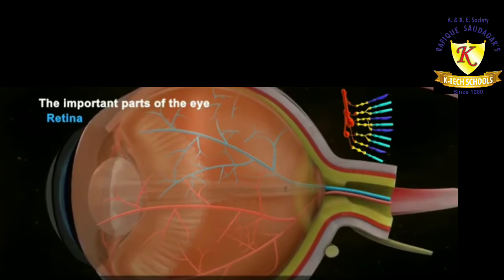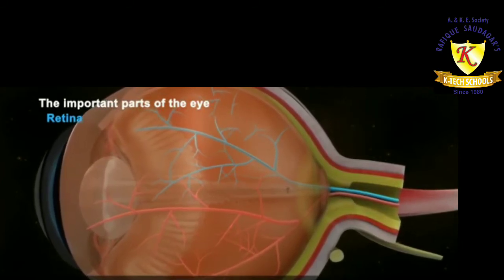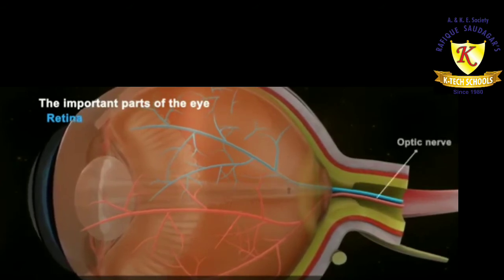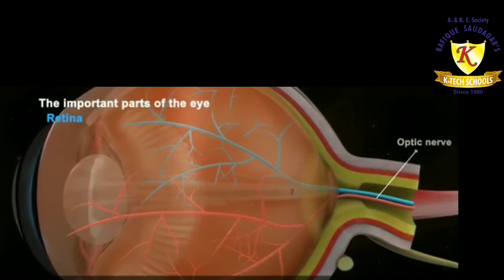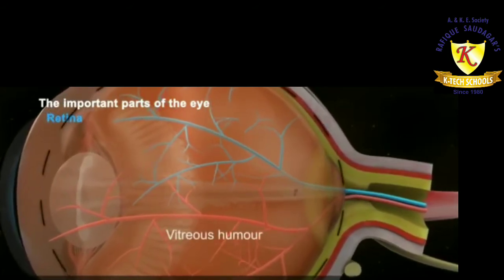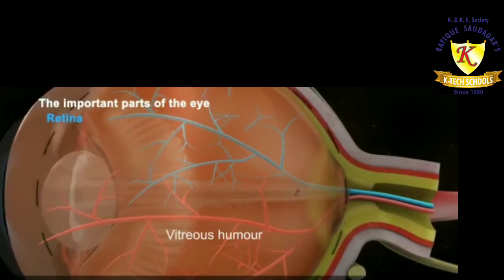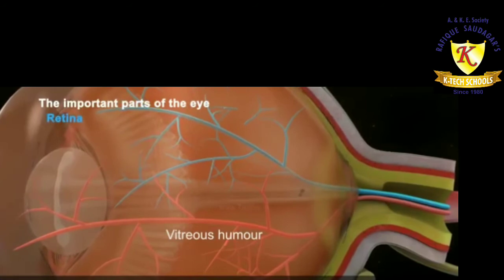When light falls on these receptors, they send electrical signals to the brain through the optic nerve. The space between the retina and eye lens is filled with another fluid called vitreous humor.